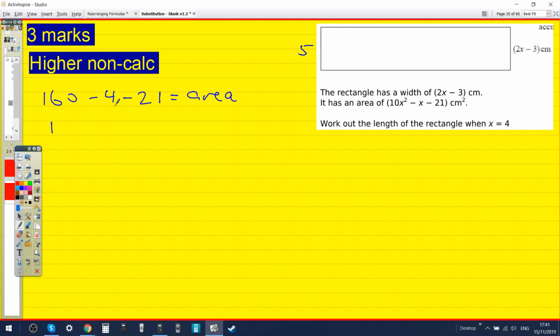Take away 20 is 140, 135, yeah. Okay, great. And then 135 divided by 5, which is.